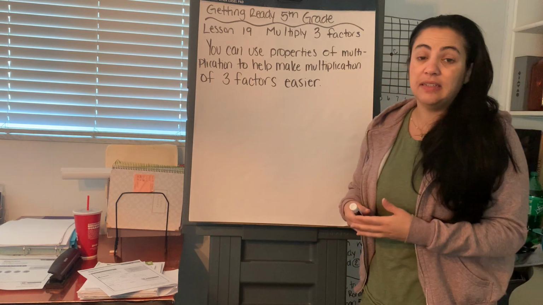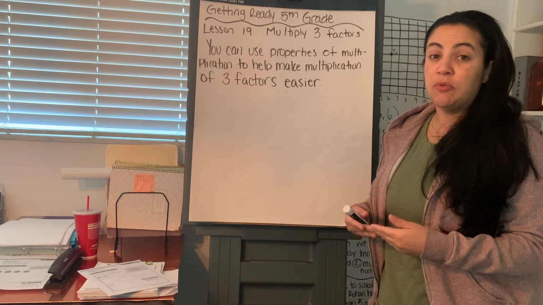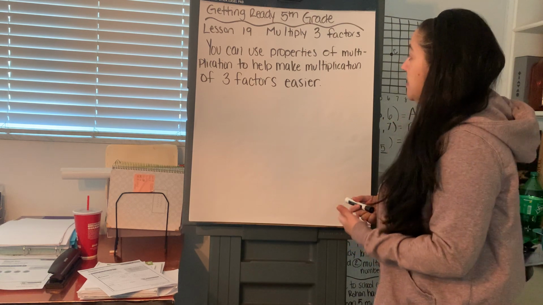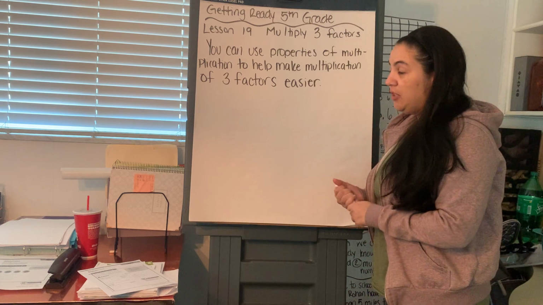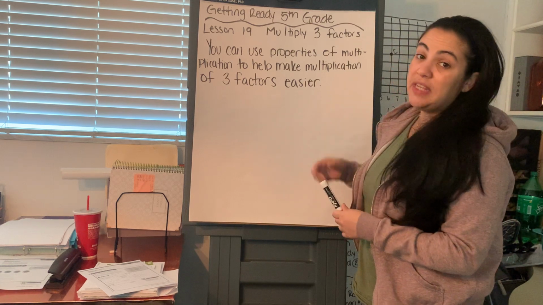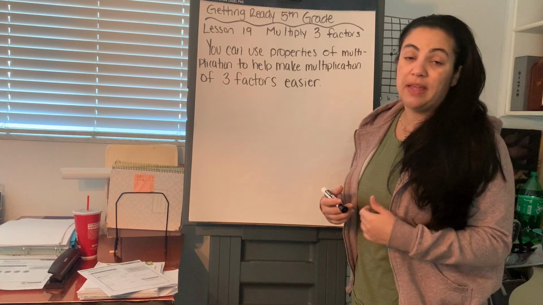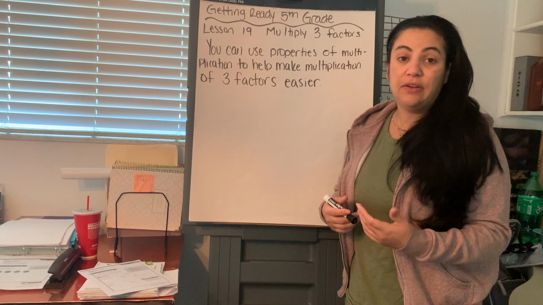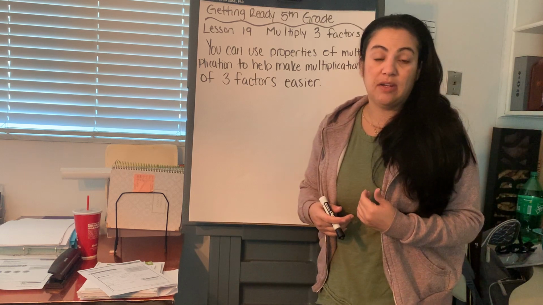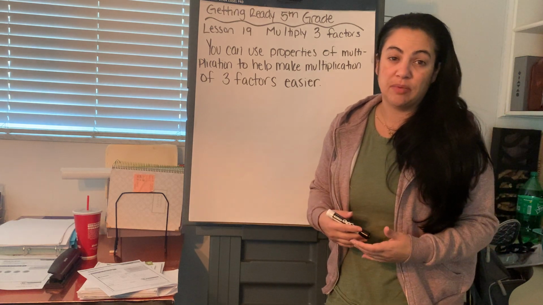In this lesson, you are using multiplication with 3 factors, which means that you're going to be taking 3 numbers and multiplying them. Using the associative property will allow you to mentally multiply the numbers that are easier to you, or multiply the numbers that are a little more difficult and then compute the easier numbers.